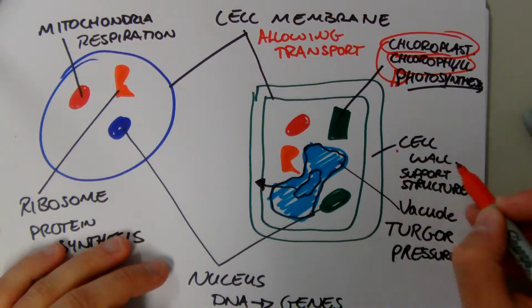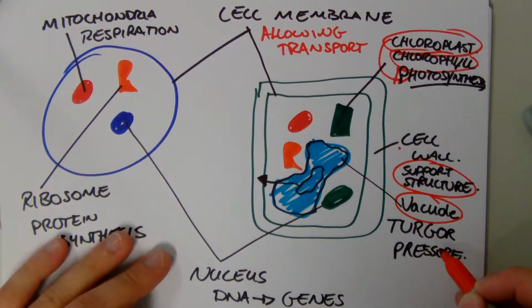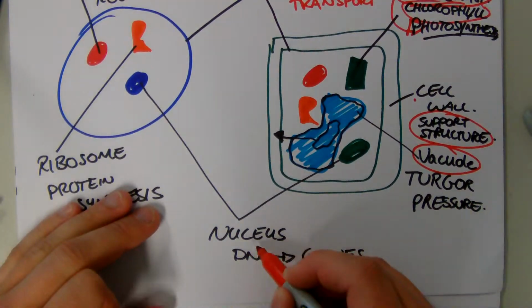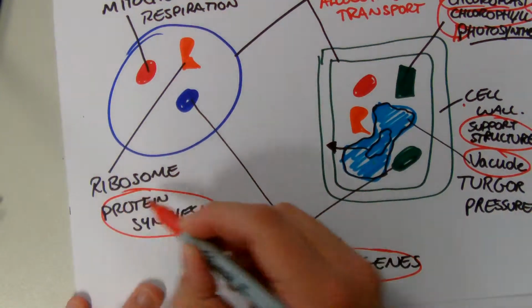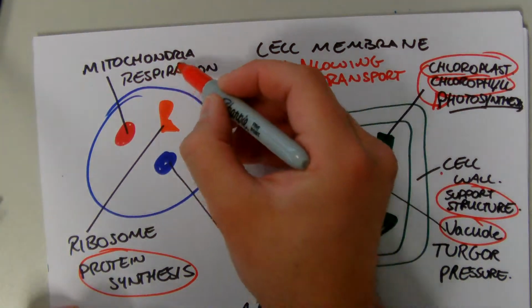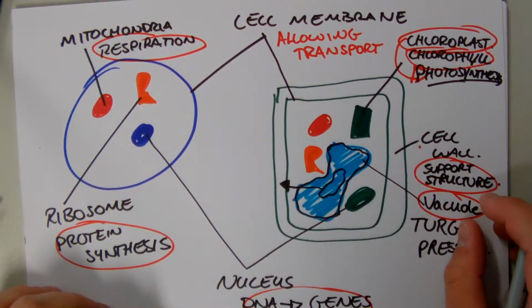My cell wall is important for support and structure. My vacuole stores water and gives the cell turgor pressure. My nucleus contains DNA and genes. My ribosome is responsible for protein synthesis. My mitochondria are responsible for respiration. And that's your plant cell and your animal cell.